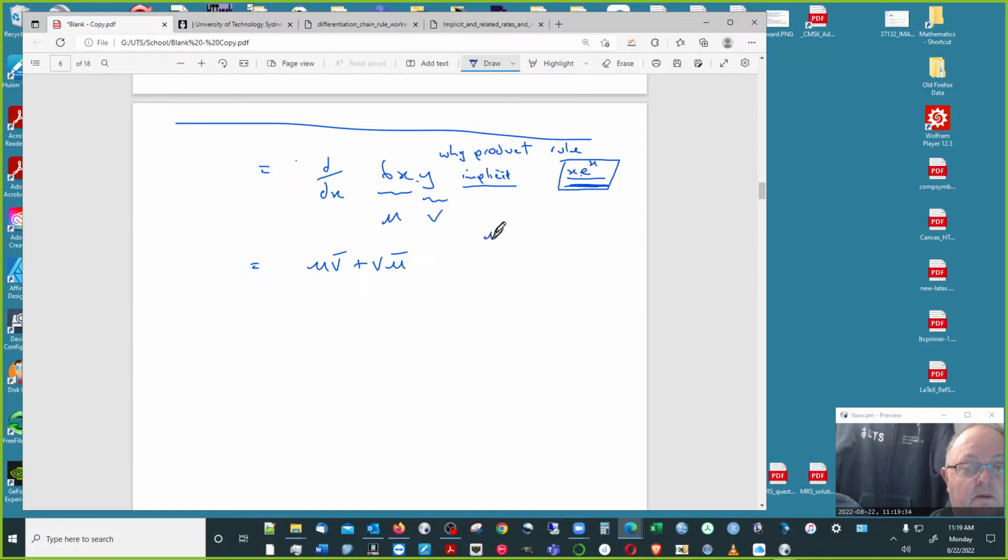So if u is equal to 6x, u dash is very straightforward. V is equal to y. Remember what you're doing when you find v dash is you're d/dx-ing y. It's implicit. Now I've written that down for you. You have to write that down. So even a simple algebraic one like this can get a little bit complicated.